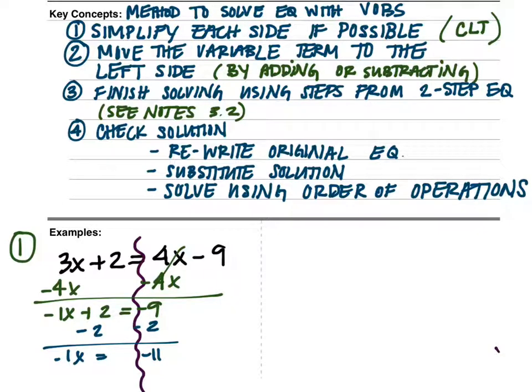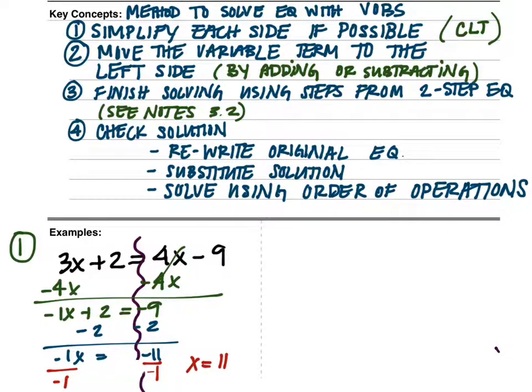And so this is going to then tell me that I need to divide both sides by negative 1. Whoops. And let's go ahead and actually move this over. So if I divide both sides by that negative 1, I'm going to find that x is equal to a positive 11.